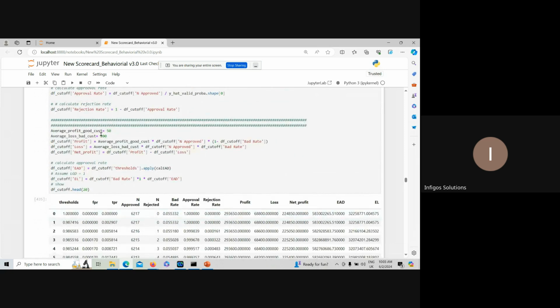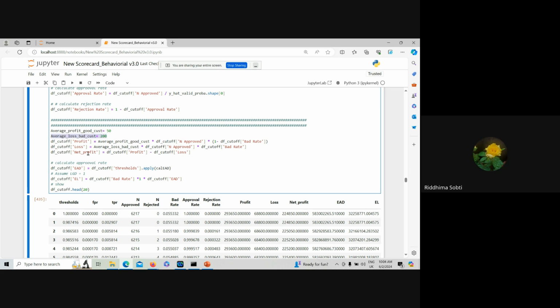I have put cost of a good customer, profit from the same customer, good customer. It includes all the cost, and the average for the bad customer. It includes all the cost. So when you do the calculation for your profit curve, you need a cost like this one.